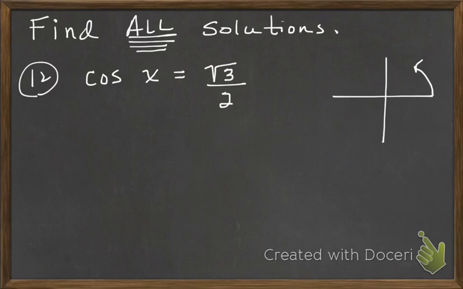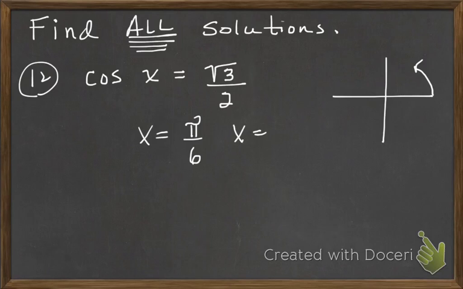The first one that I come to is pi over 6. Okay, because it says all solutions, there's another angle that has a cosine value of square root of 3 over 2, and what is it?